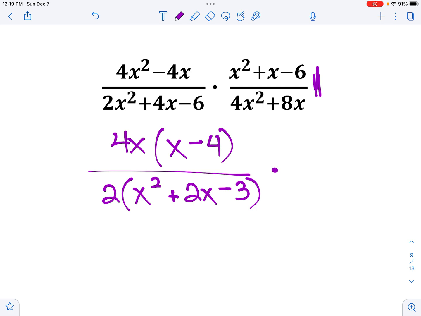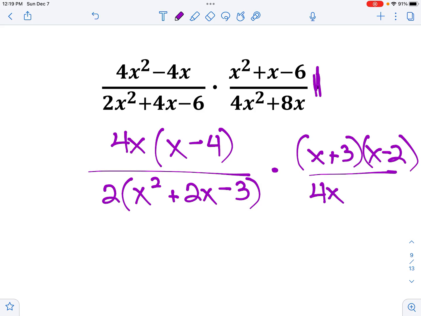This would be x plus 3, x minus 2, right? Two numbers that multiply to be -6, but add up to be 1. And then I take a 4x out of here, and I get x plus 2.